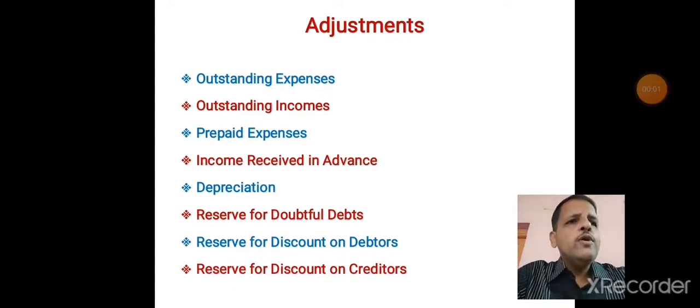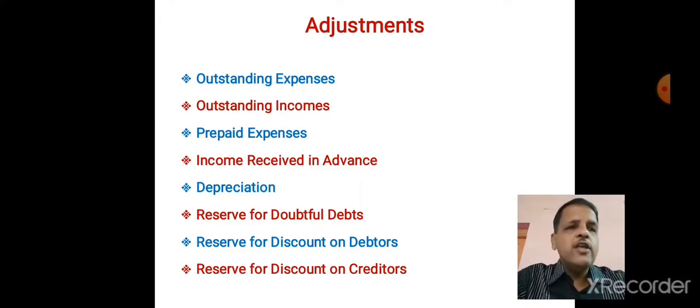Let us go towards the next adjustment, reserve for doubtful debts, that is RDD. Now we have to give two effects of RDD. Say the adjustment given is reserve for doubtful debts at the rate of 5% on sundry debtors.